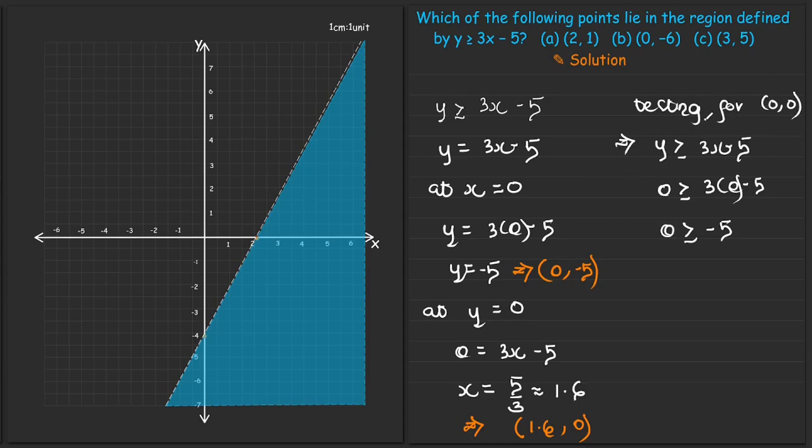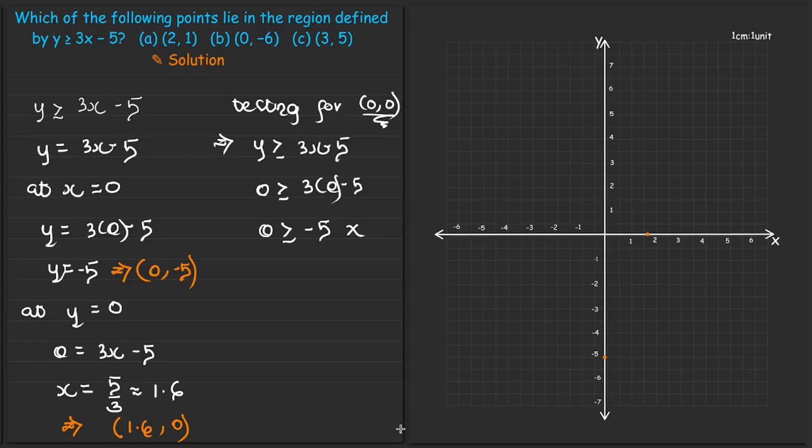So let's see how we are going to represent it on the Cartesian plane. On our Cartesian plane, we identify our points and draw our line. We have our x-intercept being 1.6 and the y-intercept being negative 5. I'll identify my y-intercept here, which is (0, -5), and then the x-intercept, which is 1.6.